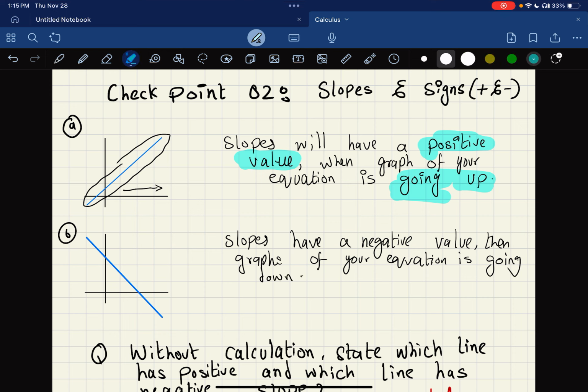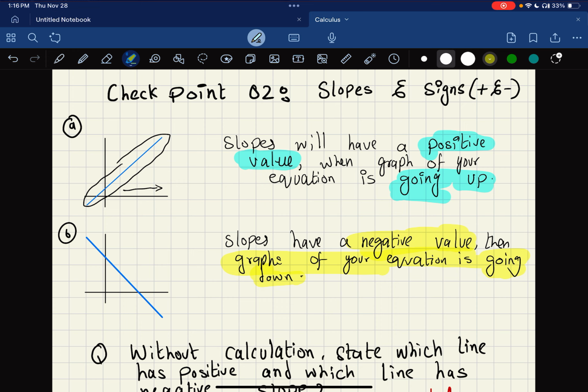Okay, and you can see that. So if you calculate the gradient and it turns out to have a negative sign, then this is what it implies: the graph of our equation must be going down.